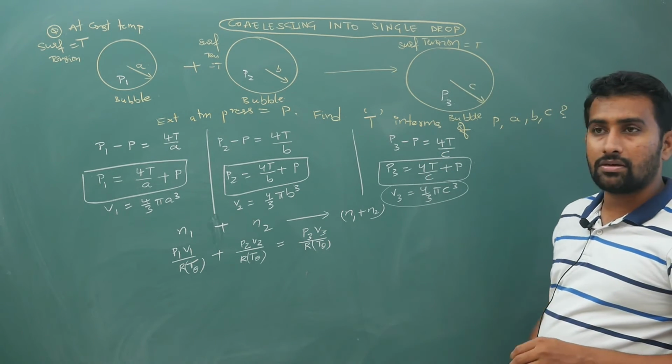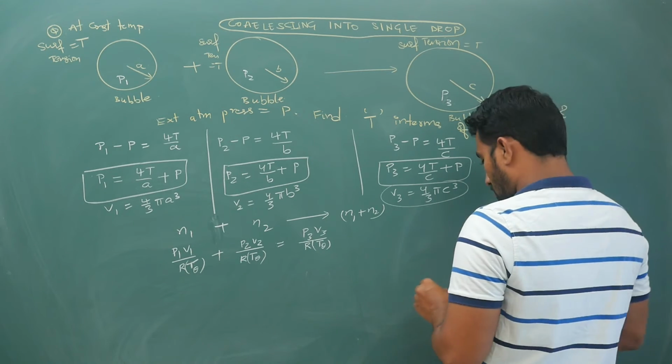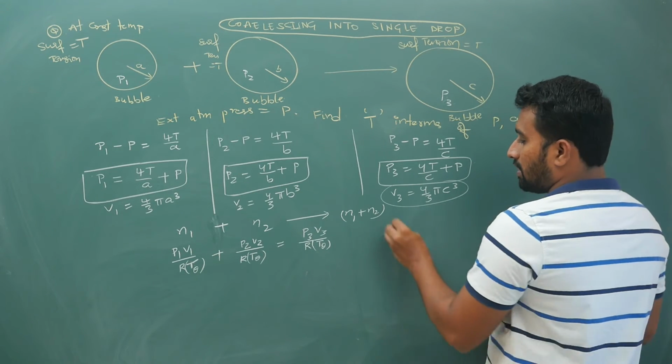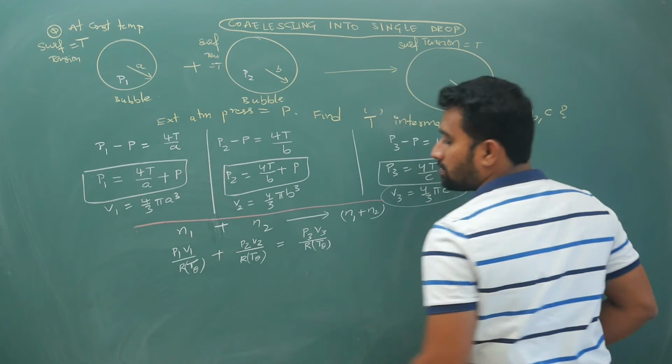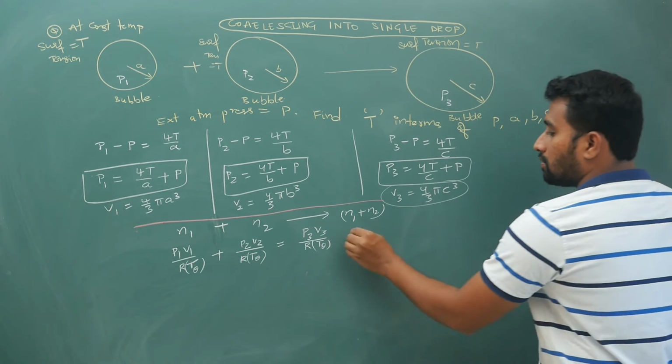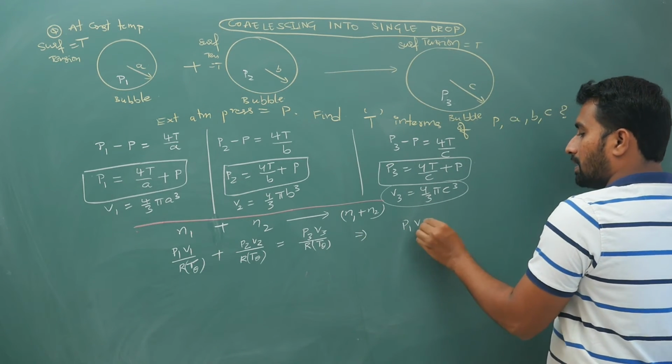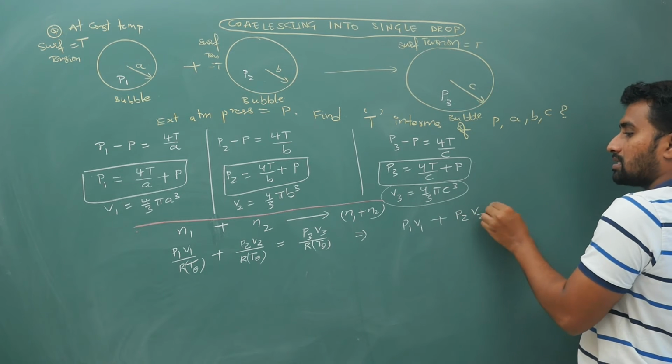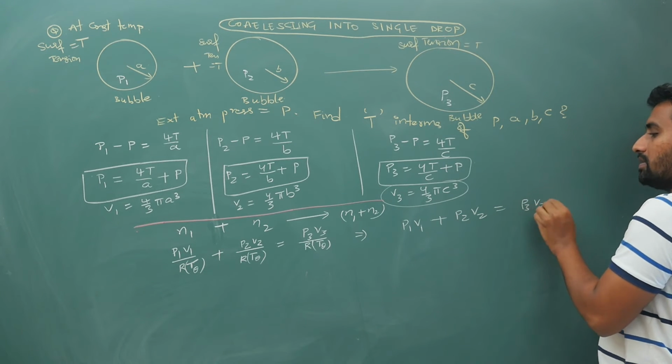The denominator R T theta you cancel off. So what do you get? P1 V1 plus P2 V2 is equal to P3 V3.